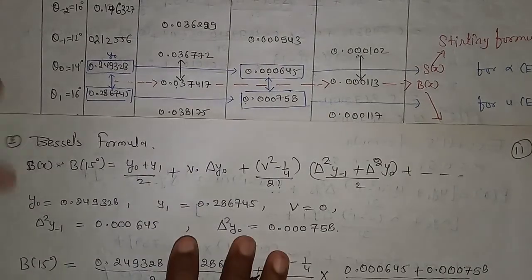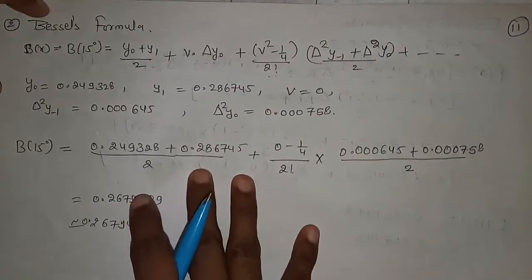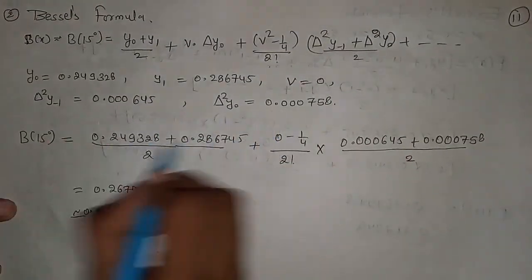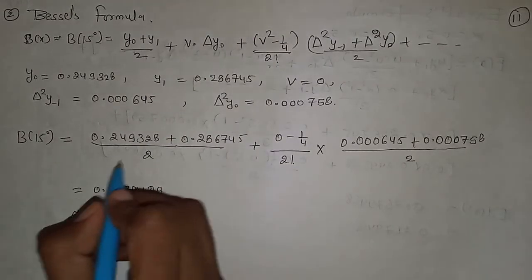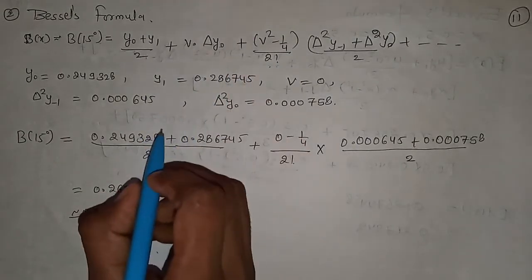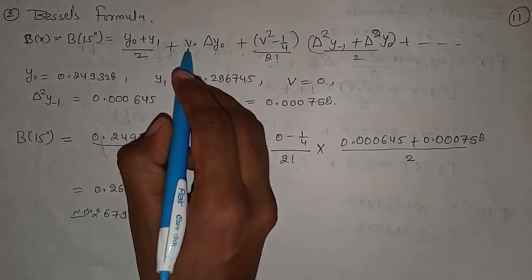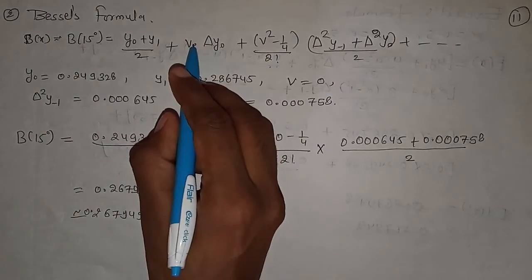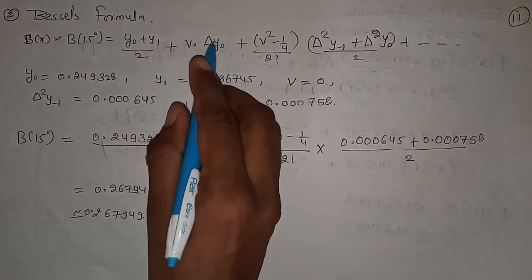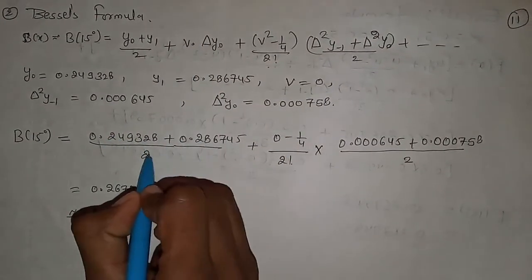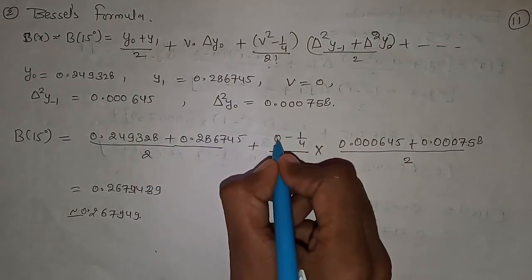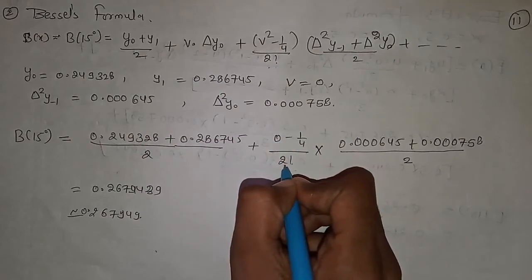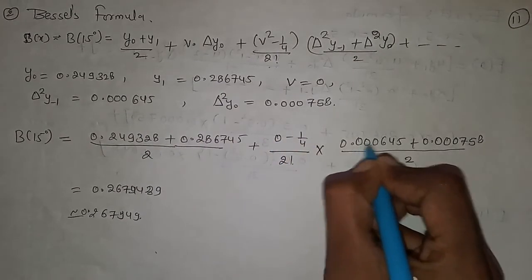We have written all the values in this. Where v is there, the entire term becomes 0, because v is 0. So y naught plus y1 divided by 2, plus v is 0, so 0 minus 1 by 4 upon 2 factorial into this term.